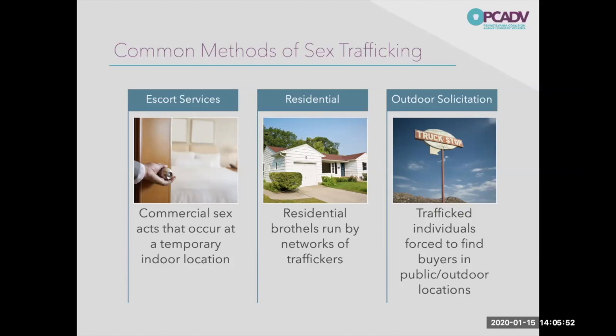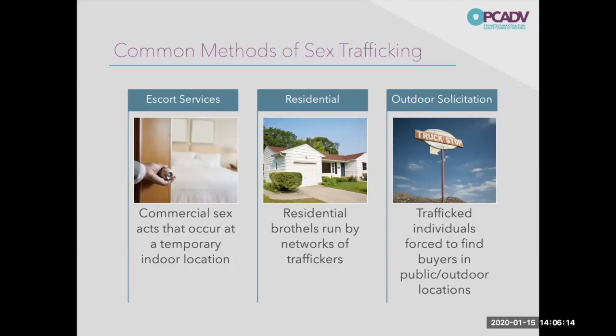Residential sex trafficking is where a residential brothel is run by a network of traffickers. So we see this a lot with organized crime, where there may be a residence that they get the word out that this location is where you can go.